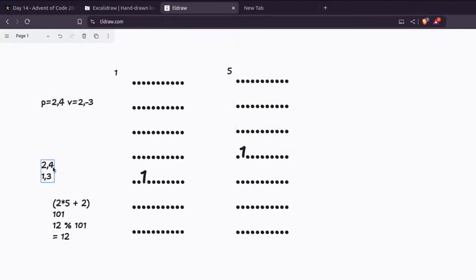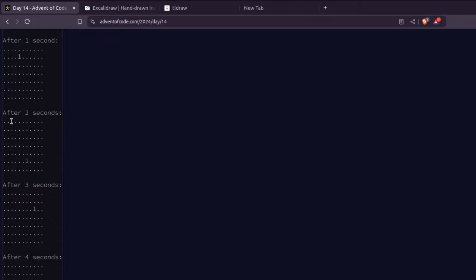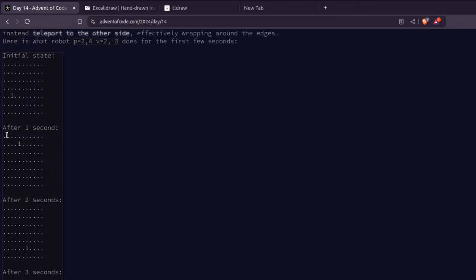So 2 to 4 and then we move to 1 and 3. Maybe let's do one thing at a time. So let's do it after 2 seconds. So this will be after 1 second. Oh, maybe that was after 5 seconds. We need to copy this one.